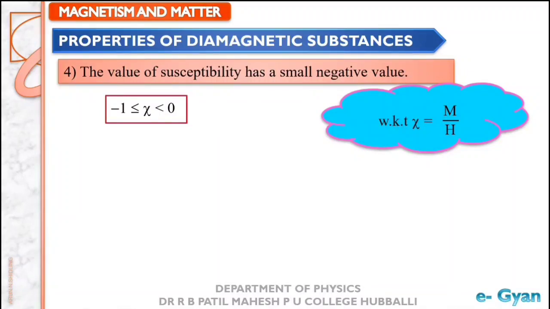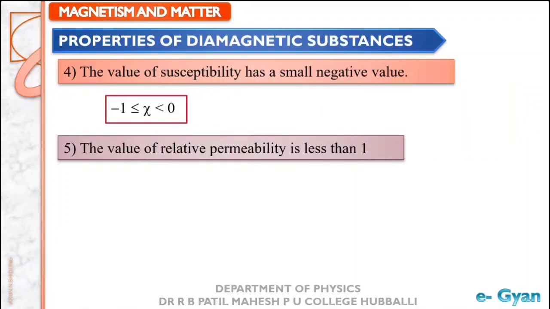The applied field is in one direction and the material gets magnetized in the opposite direction, as we have seen in point 3. So M and H are in opposite directions, thus chi has to be negative and very small.